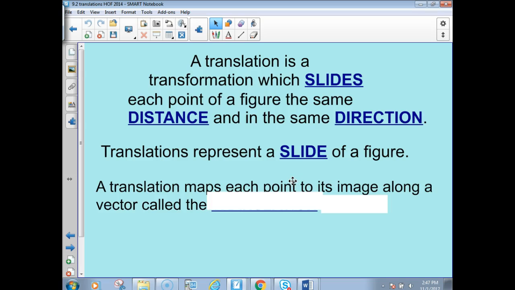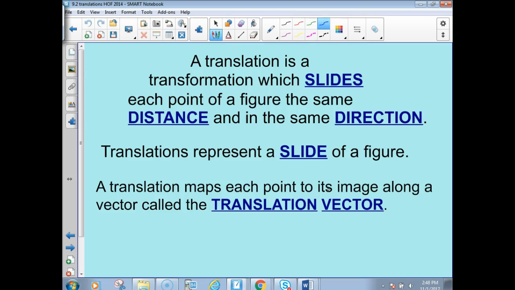A translation maps each point to its image along a vector called the translation vector. Now, vectors are written similarly to points, but they use pointy brackets.